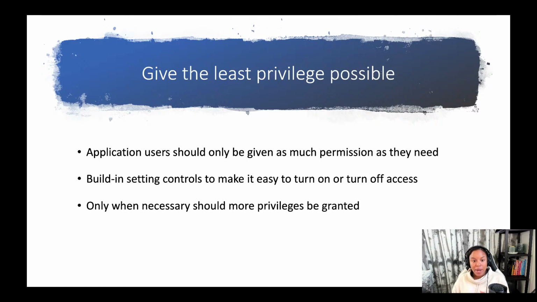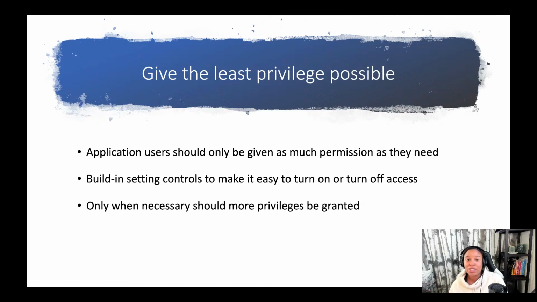All right, so next, tip number 4, is giving the least privilege possible. This is a really good practice to focus on only giving users as much permission as they need, nothing more.